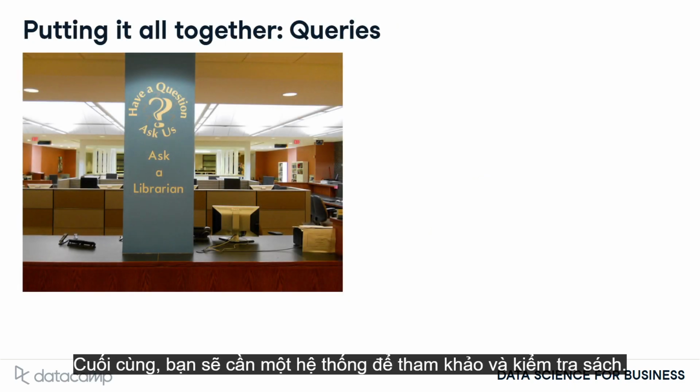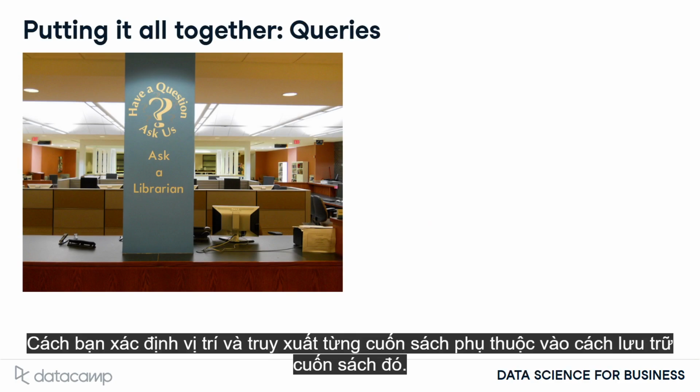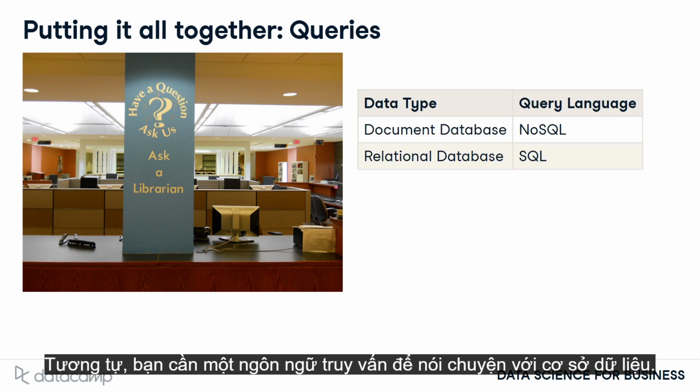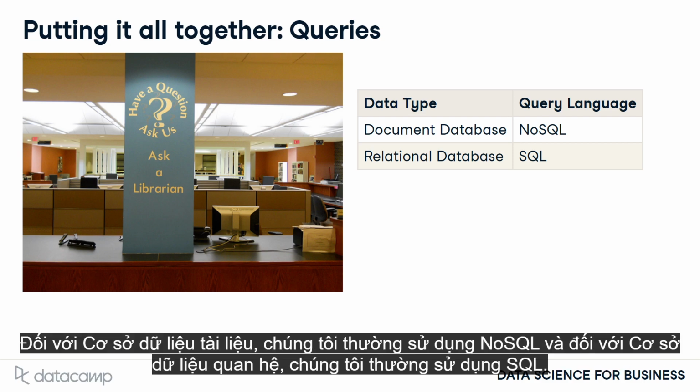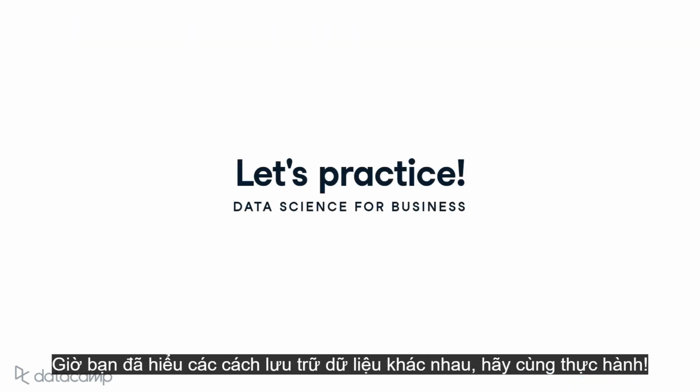Finally, you'll need a system for referencing and checking out books. The way you locate and retrieve each book depends on how that book is stored. Similarly, you need a query language to speak to the database. For document databases, we generally use NoSQL, and for relational databases, we generally use SQL. Now that you understand different ways of storing data, let's practice.